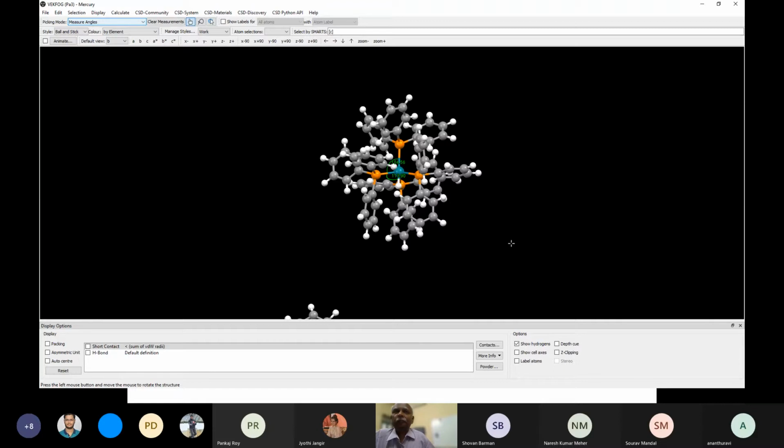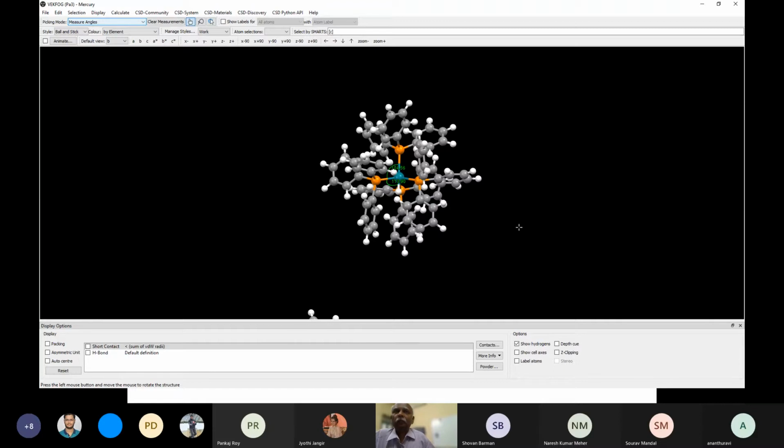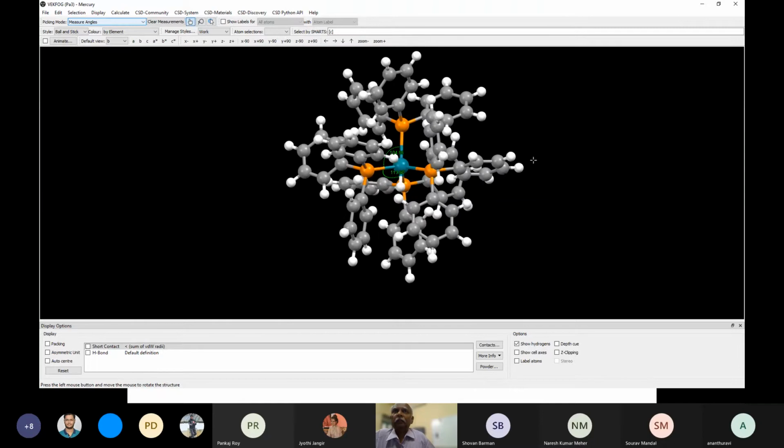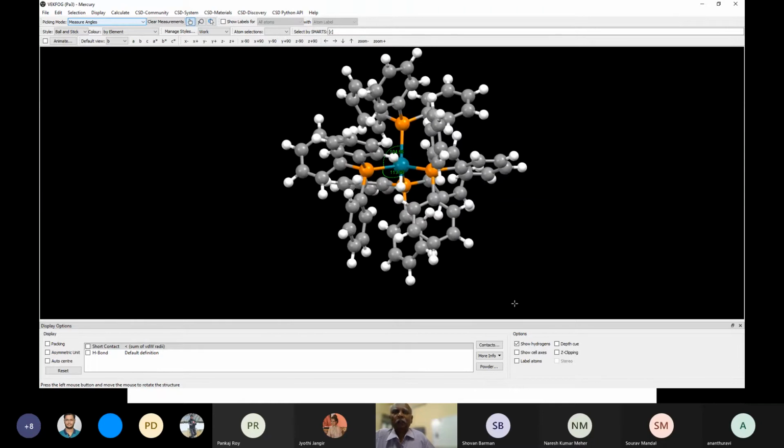Let me see if you can see that better now. It's 104 degrees and 113 degrees. So you can see that it's very close to the tetrahedral angle of 109 degrees. It's not perfectly 109, but it is close to it.